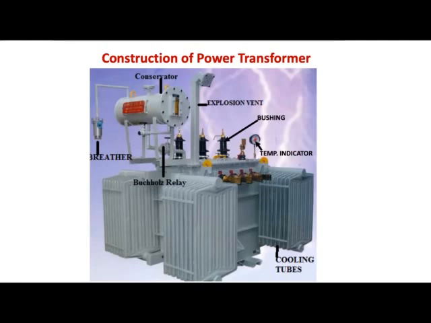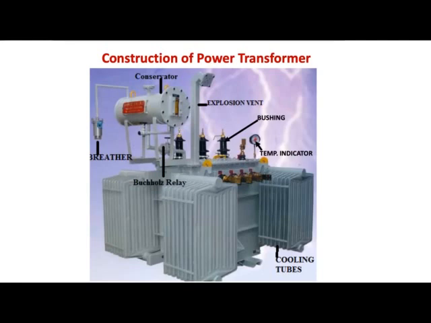So when the level is changing in the conservator, when the volume increases, the air is pushed outside of the conservator through the breather, and when the oil cools down and contracts, then air is absorbed from the atmosphere. Air from the atmosphere contains moisture, which decreases the dielectric strength of the transformer oil.